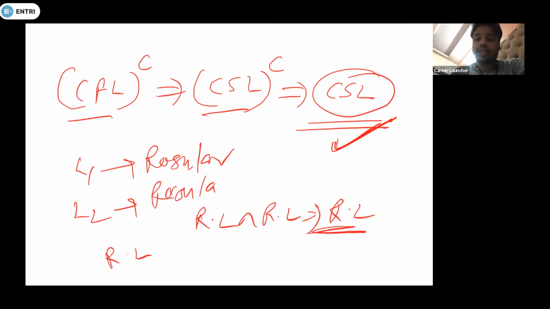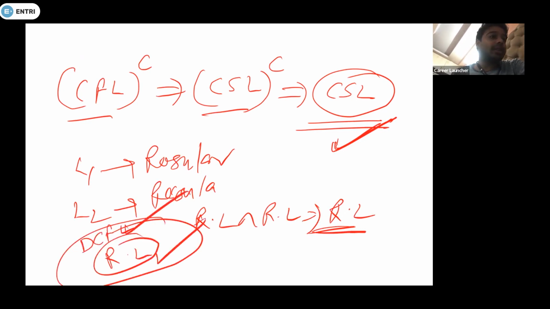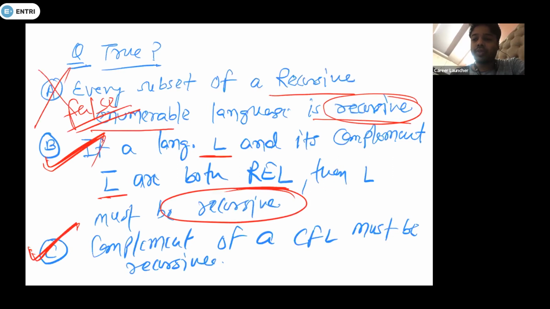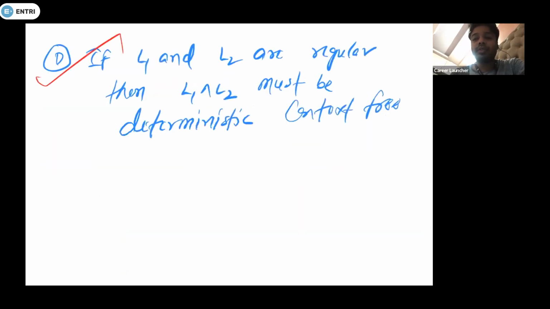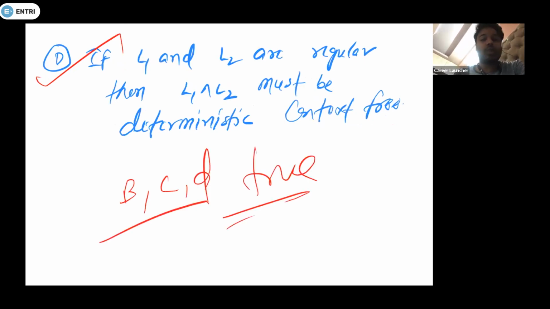So D is also true. So B, C, D are true. Here option B is true, C is true, and D is also true. Multiple choices: B, C, D are true.